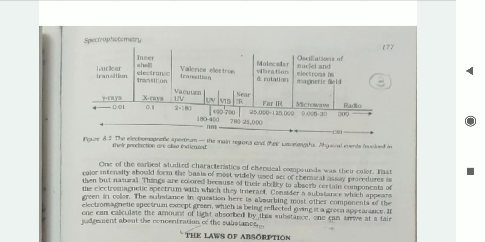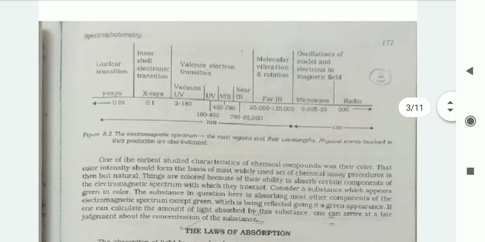Then comes the visible range. Visible range refers to the light that our human eye can perceive. Any light that goes into our retina and creates an image is the visible range of light.